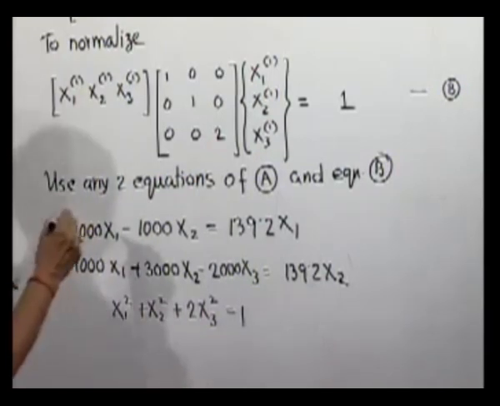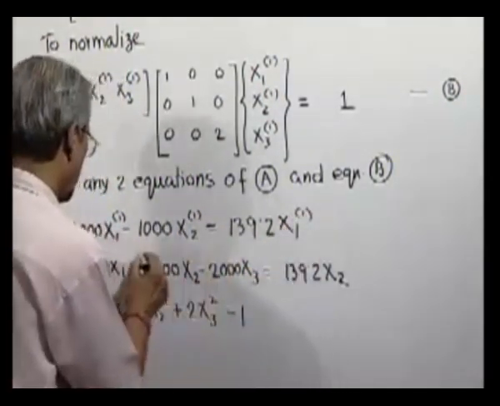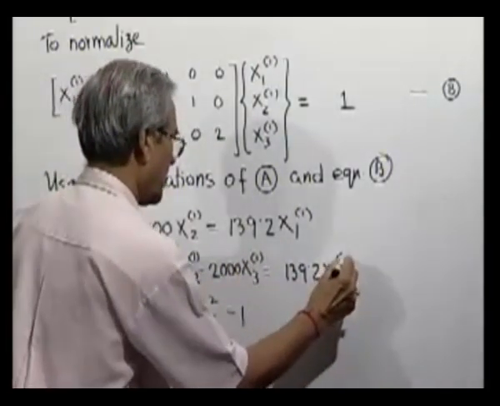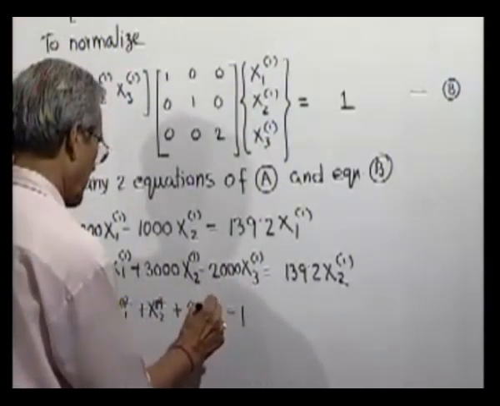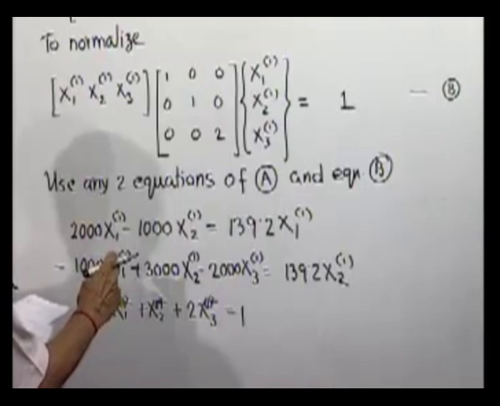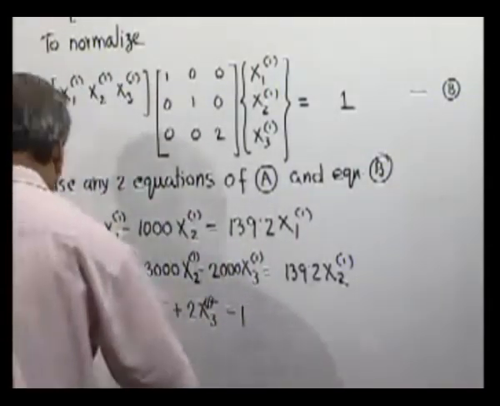Now since it represents a particular mode, it is not a general equation. From this one, it has an equation of only x1 and x2. That will give us x2 in terms of x1.